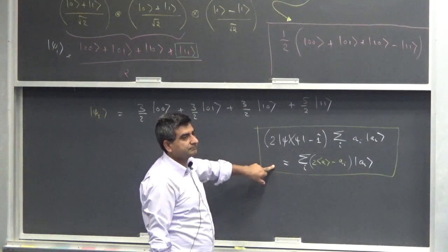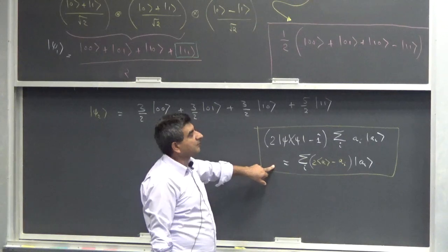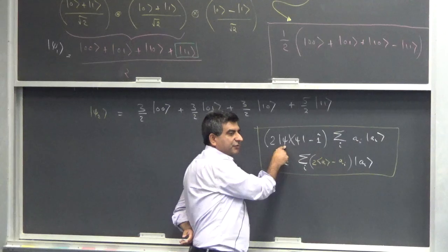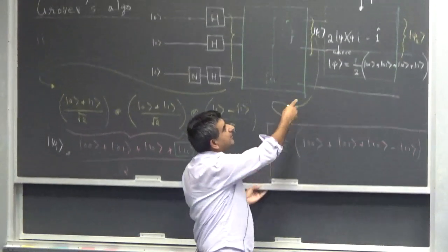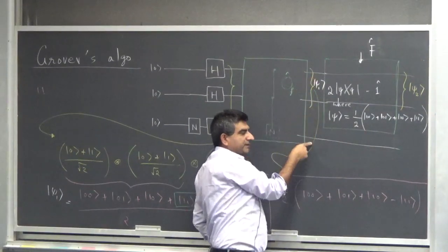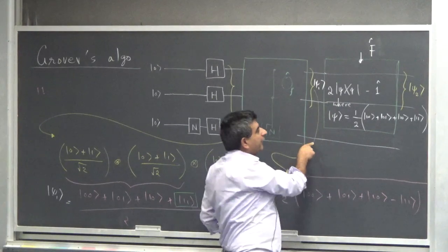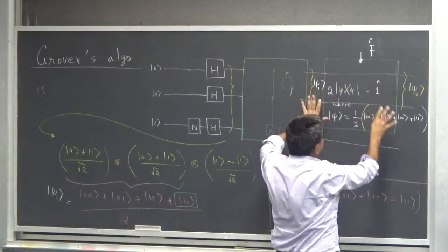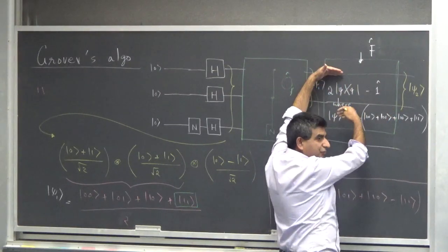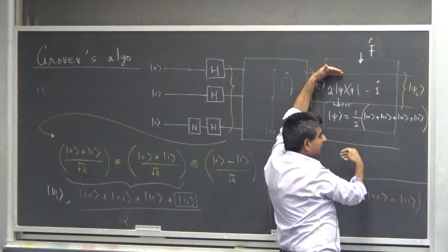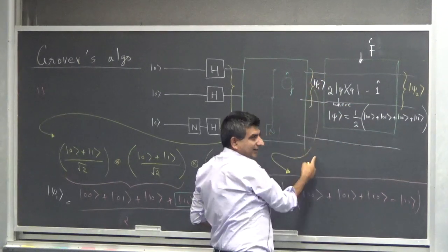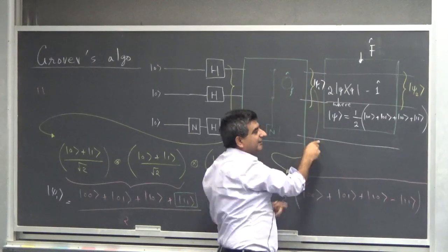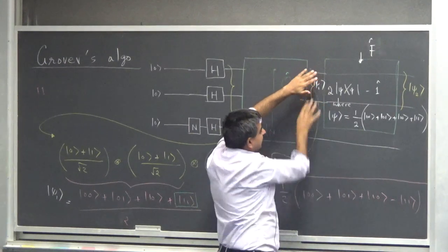This psi is a 2 qubit state. 3 qubits are coming out from this oracle, 2 working qubits and 1 ancillary qubit. We do nothing to the third qubit, and apply some unitary operation to the first 2 qubits. At this point, there is no entanglement between the first and the third, or the second and the third. They are all independent, so this part is separable from this part.